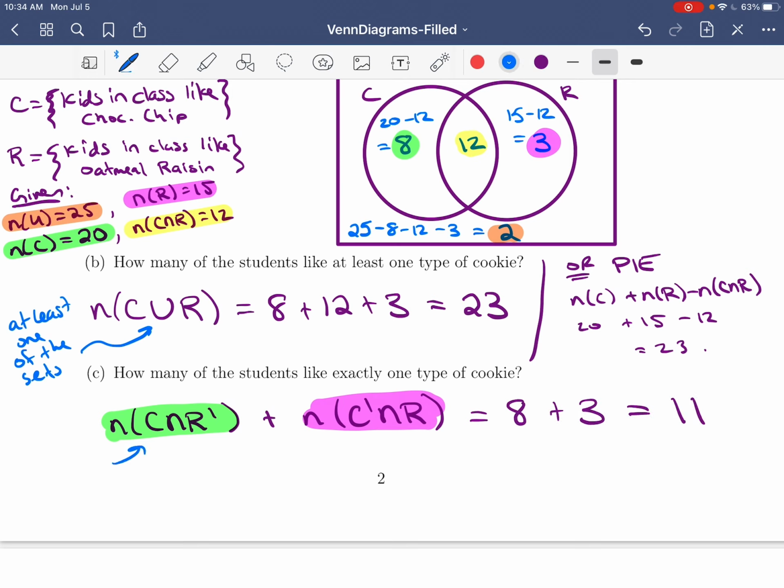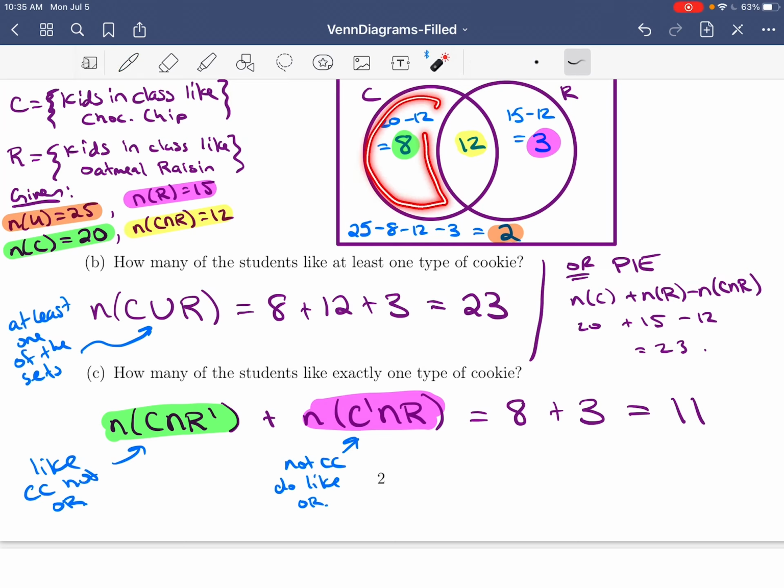Let me just write: like chocolate chip, not oatmeal raisin, and these guys don't like chocolate chip, but do like oatmeal raisin. So that's just this basic region here and this basic region here. So that's why I know I just need to add those 2 numbers up. So there's 11 that like only one type of cookie.